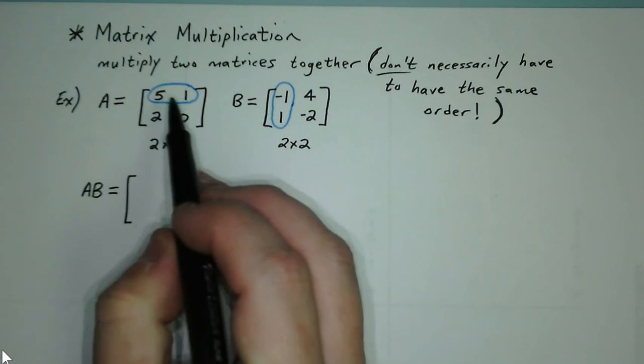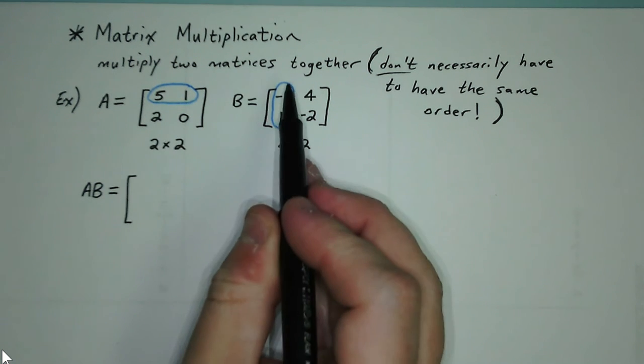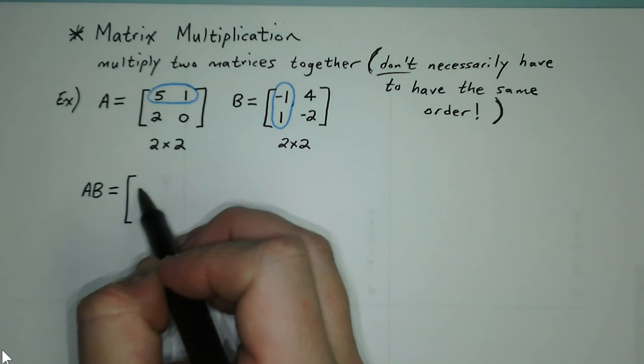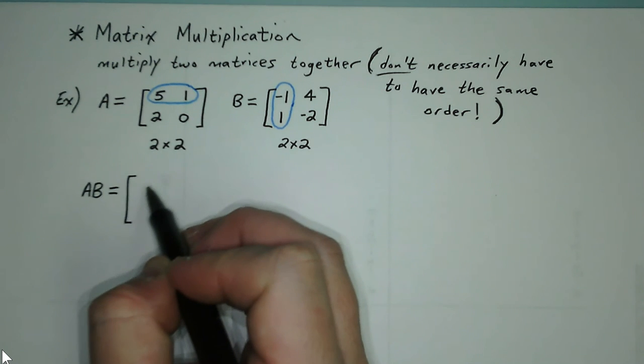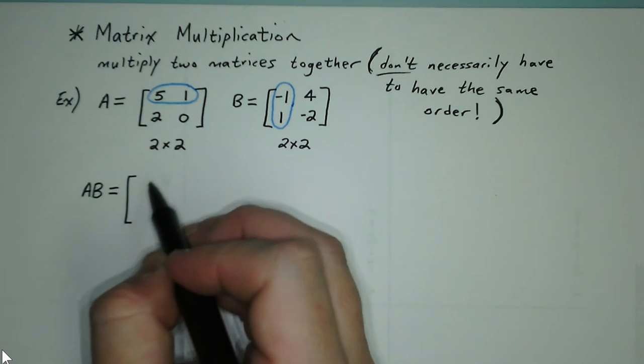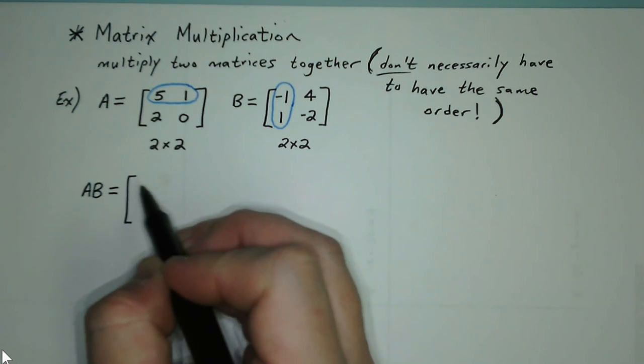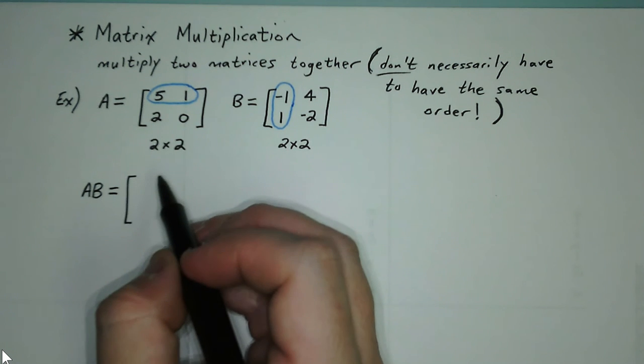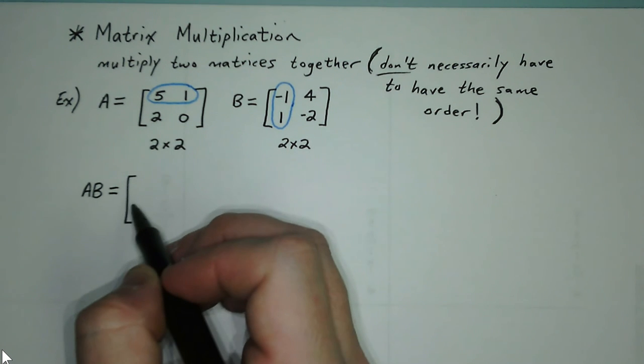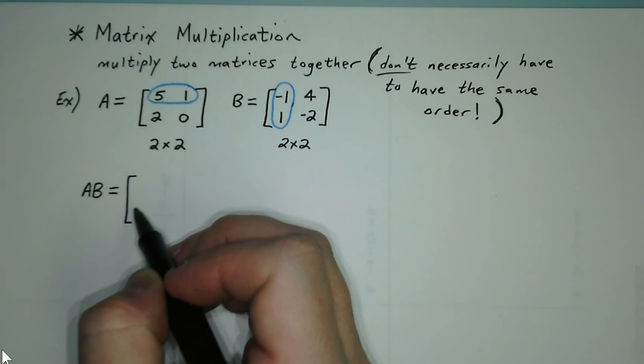This whole row 1 times this whole column 1 to get that one final answer for the row 1 column 1 spot in the final matrix of AB. Okay? So here's how this works.